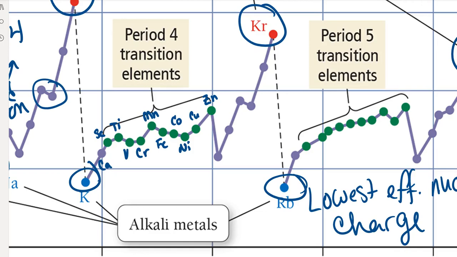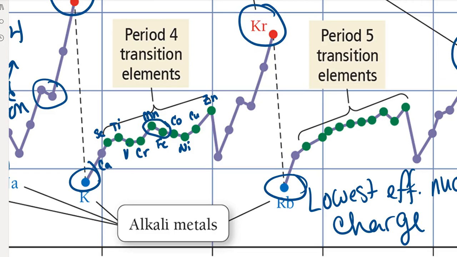But why is it that vanadium gets easier, and why is it that iron gets easier than some of these other ones? And it's because that's when we start to observe that 4s2 3d3. But in particular, the big thing I want you to focus on is this spot right here.